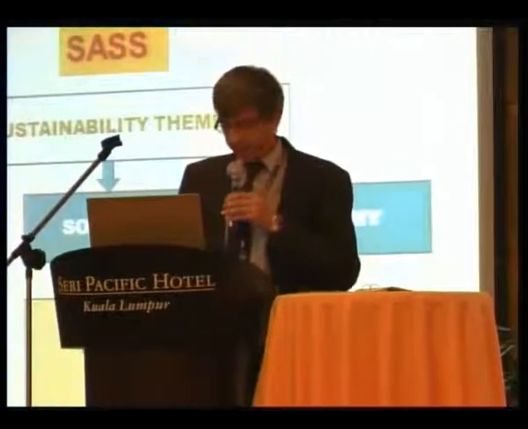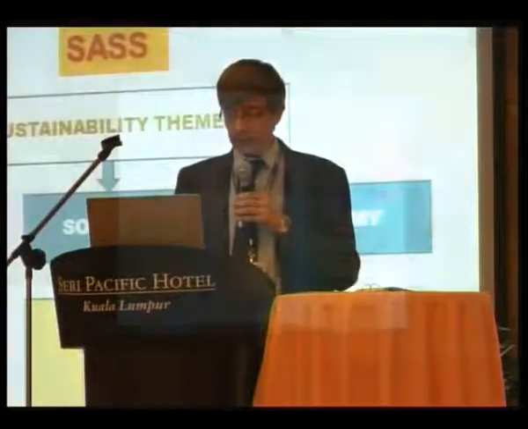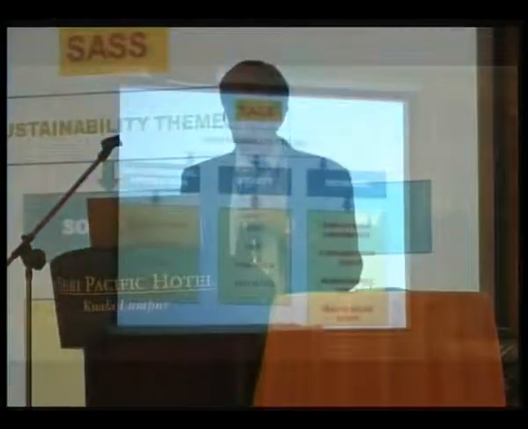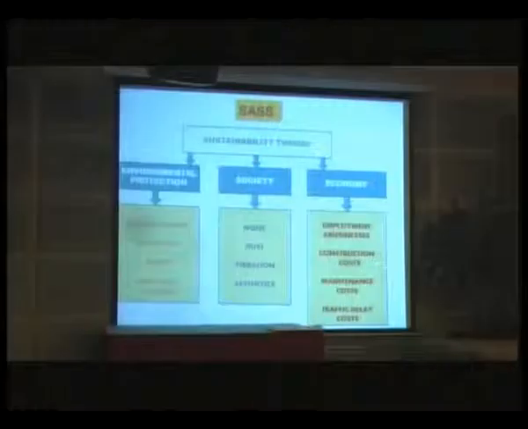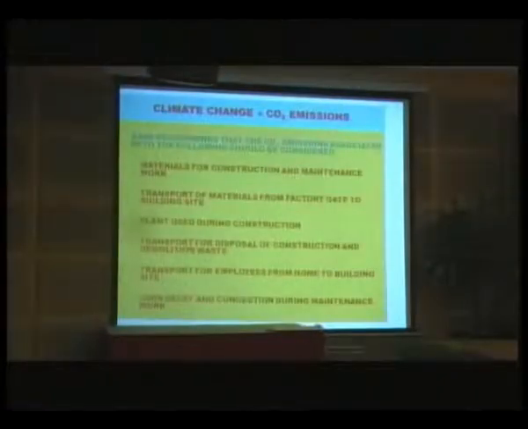Now, if I look a little bit more closely at a couple of these indicators, you'll get a bit more feel for how this tool works. So, as far as the environmental indicators, as you've seen, there's climate change, resource use, waste, and so on.